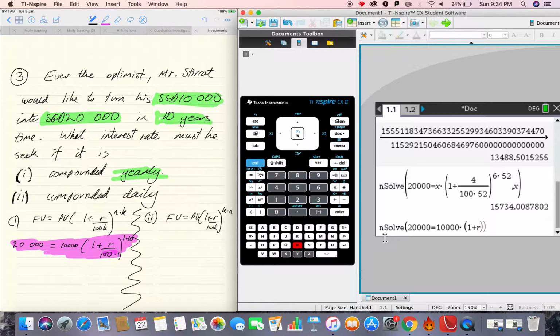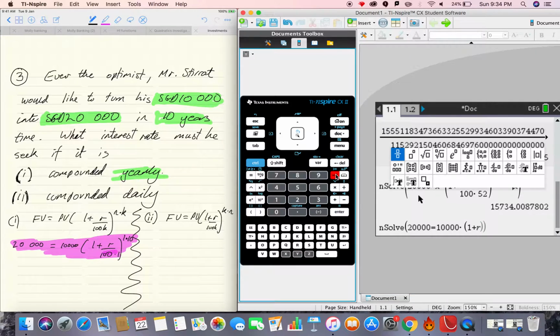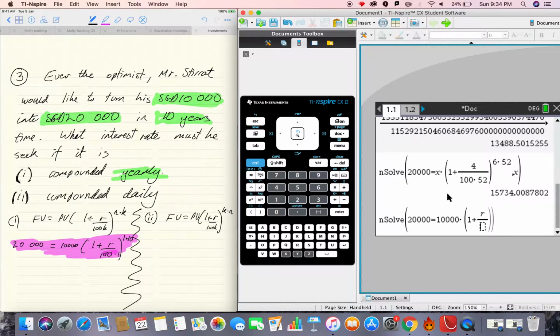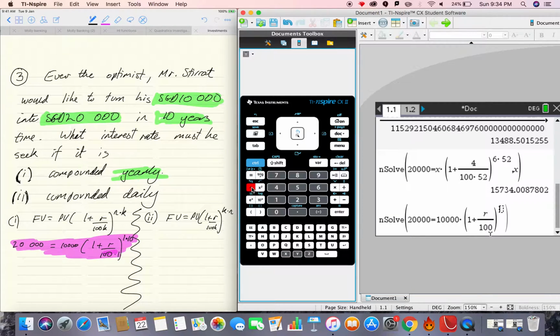I'll type in r, and then I'll press the fraction button. See the fraction there? And then this is 100 times by 1, which is just 100. Then I'm using my side arrows and my power button, and this is 1 times by 10, which is 10. It's compounded yearly, so it's just that one payment per year, okay?